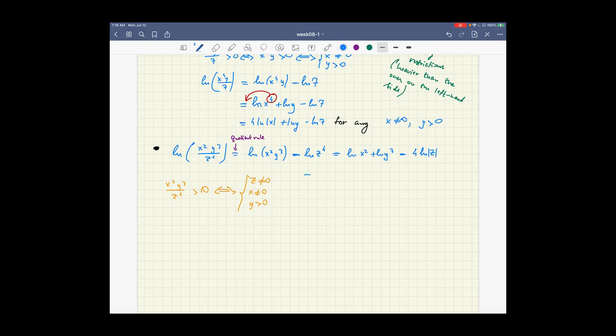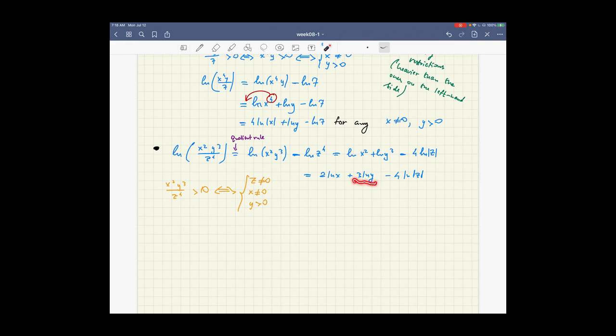Now I apply power rules for each of the first two terms to get 2 ln x plus 3 ln y, and I need to stop and think if I'm now again in trouble. I am in trouble because x is allowed to be negative, and here x absolutely cannot be negative.